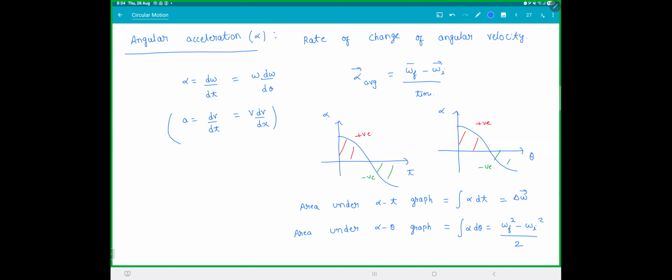Standard stuff. If you see, this entire thing kind of looks like kinematics only. Clear with this? Any doubts on this page?